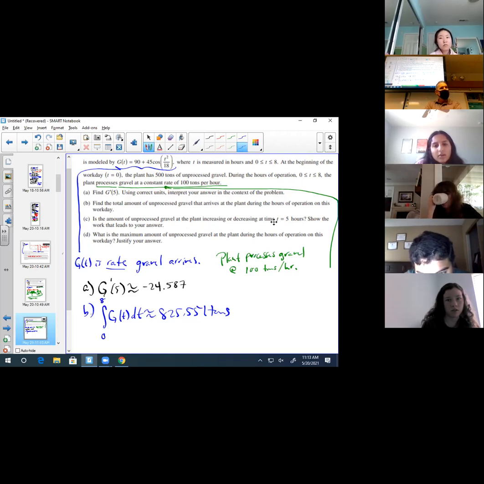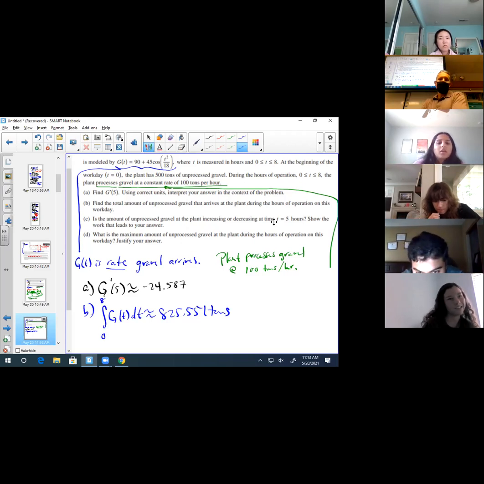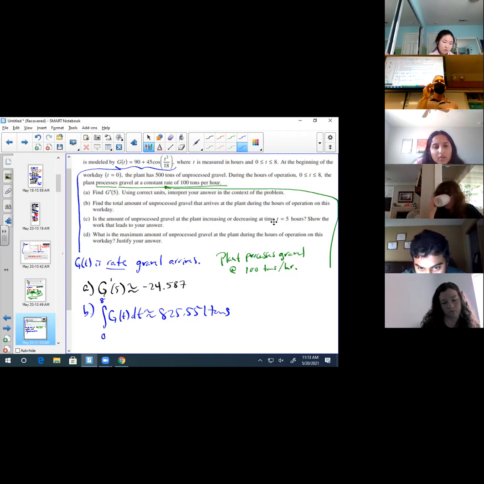Is that like the total amount of gravel being processed? The total amount of gravel being processed is 100 tons per hour, or that's the rate. But G of t is the rate that it's coming in. 100 is the rate that it's exiting, or negative 100 if you want to think about it that way.